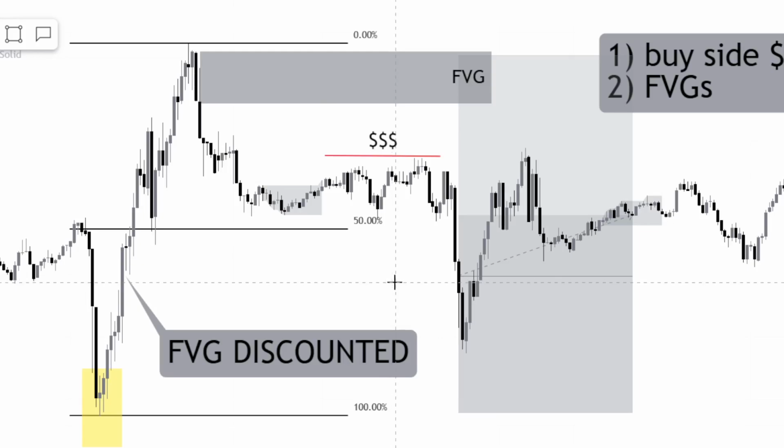So that's very important when it comes to ICT concepts as a whole. Okay, so it's understanding why price moves up and understanding that we want to be buying from discount to premium, and we want to be selling from premium back down to discount. So when we dissect a sell trade, you're essentially using the same logic just flipped on its head, right?